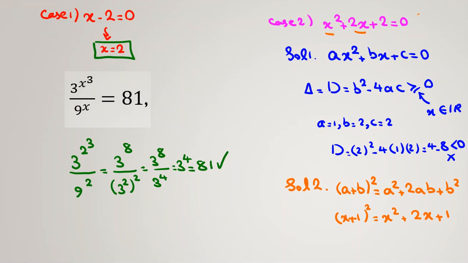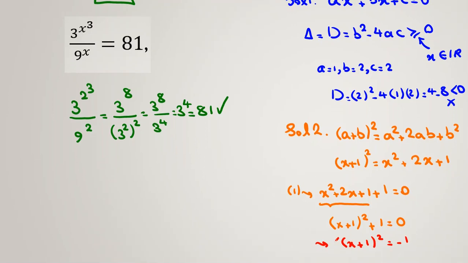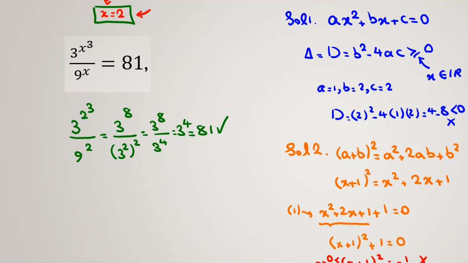So, from the equation, x squared plus 2x plus 2 can be written as x squared plus 2x plus 1, plus 1, equal to 0. Now we can say this part is x plus 1 squared plus 1 equals 0. We take 1 to the right-hand side, so x plus 1 squared equals negative 1. But because x is a real number, the left-hand side is at least 0 because it is a square. The right-hand side is negative, so it is impossible. So both solutions prove that case 2 is impossible. So our only answer is x equals 2.